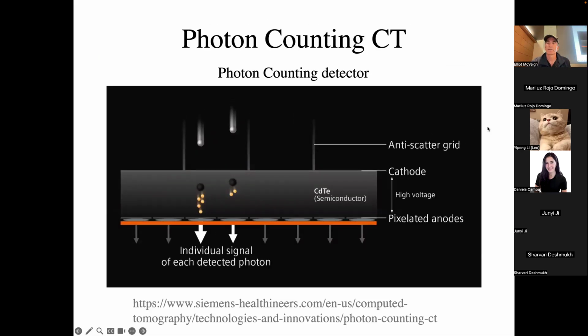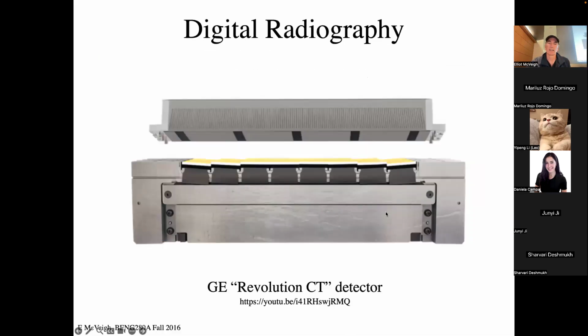Sorry, so that's photon counting. This is the detection system for the system we have here, which is an integrating detector, a traditional detector that has this fluorescent material on the surface. And this thing here is the anti-scatter grid over top of it.